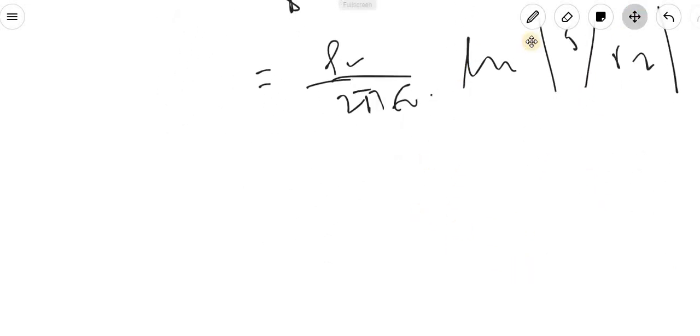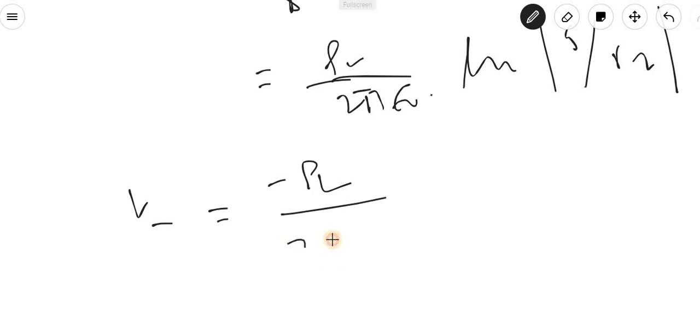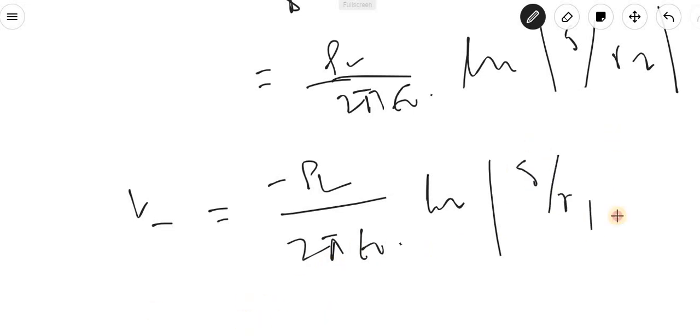In a similar way, V minus we will be getting as minus rho L over 2 pi epsilon naught ln S by R1.